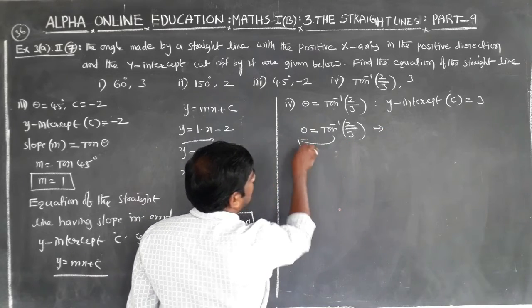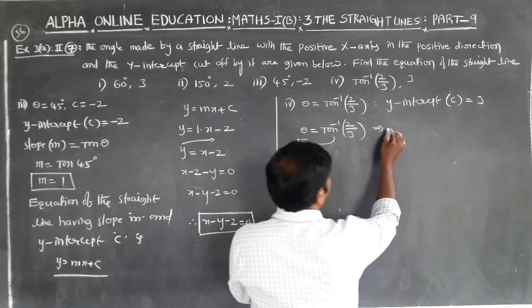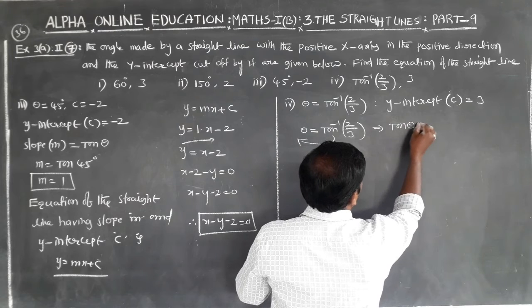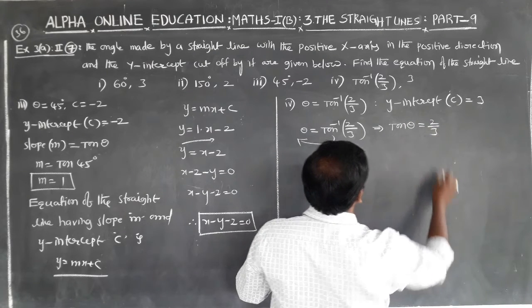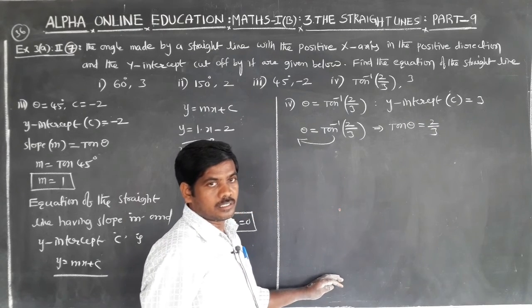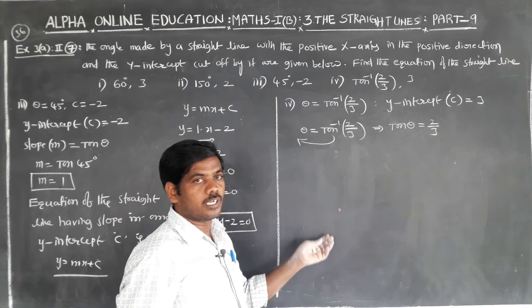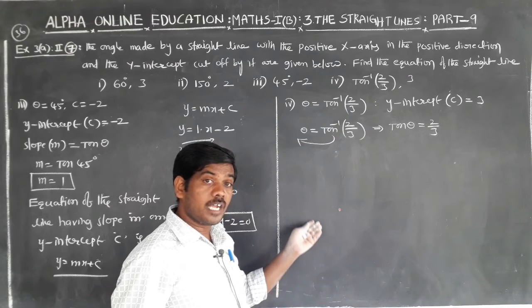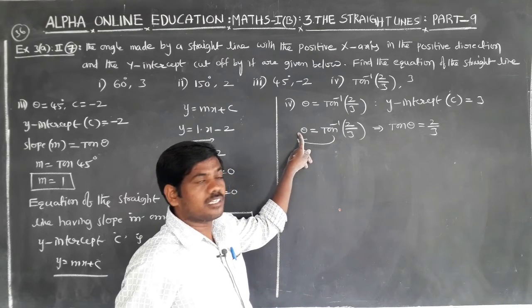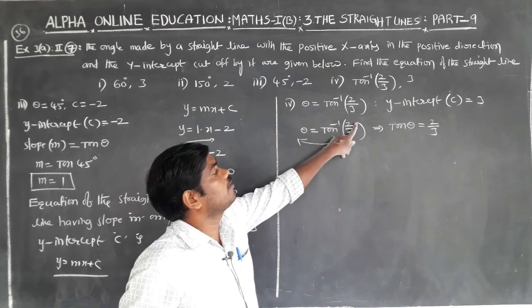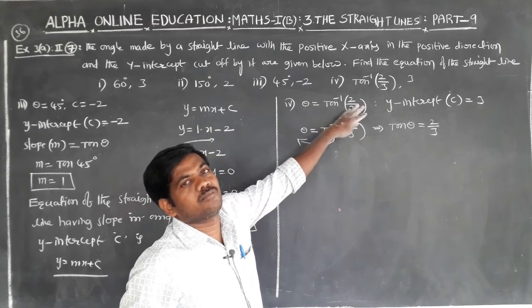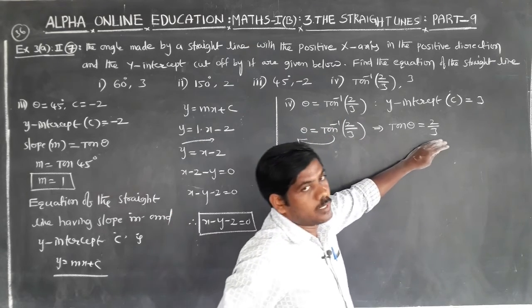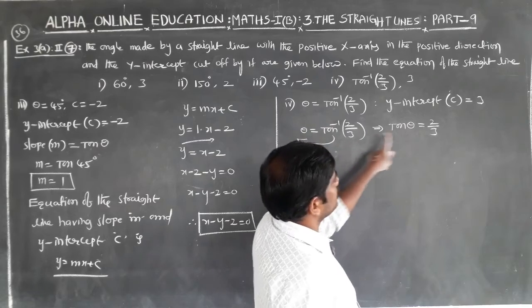Taking tan left side, tan theta is equal to 2 by 3. Or applying tan on both sides, tan theta is equal to tan of tan inverse of 2 by 3, which is equal to 2 by 3.